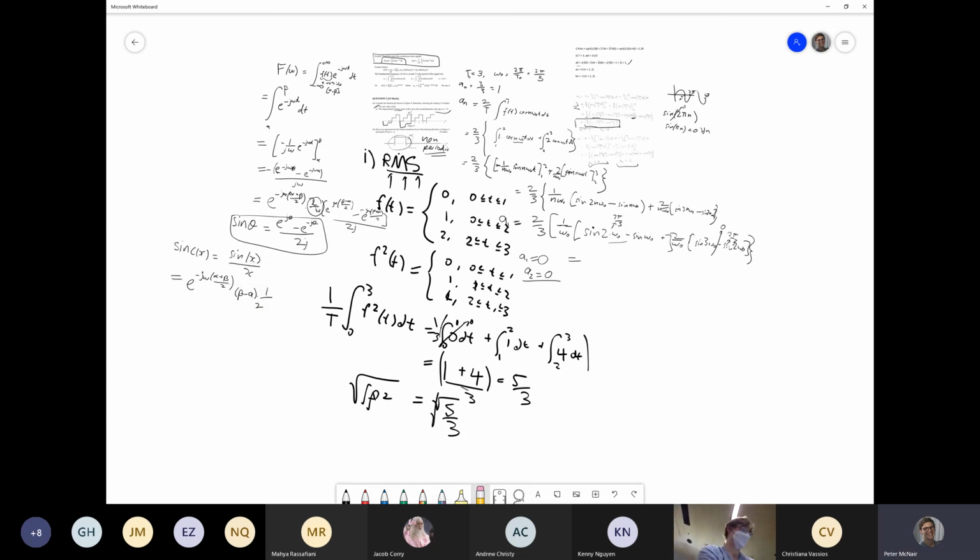Sorry guys. Sine of x on x. So we can say that this is e to the minus j omega alpha plus beta on 2 times 2 on omega times beta minus alpha on beta minus alpha.